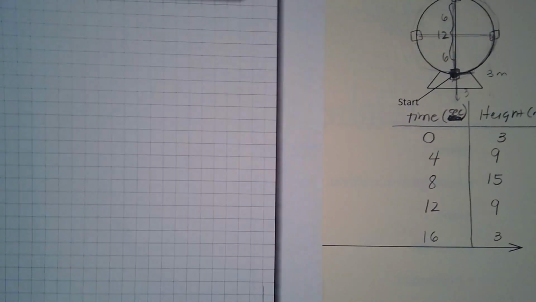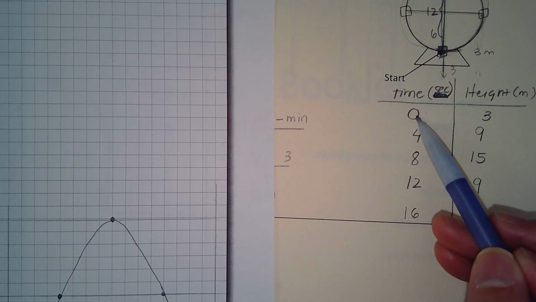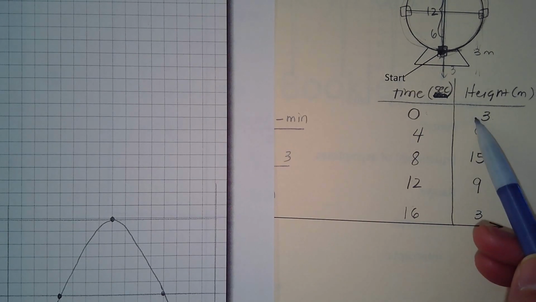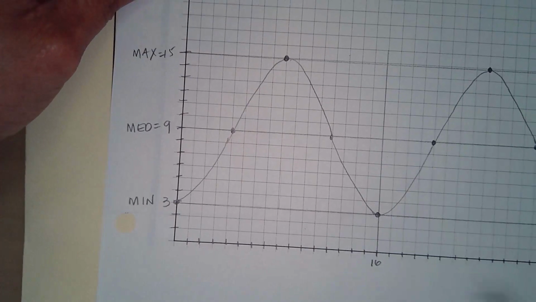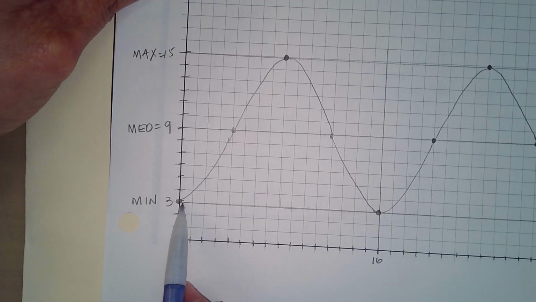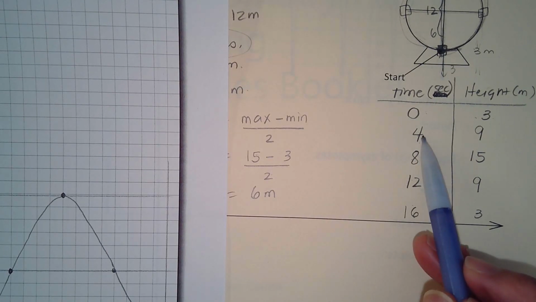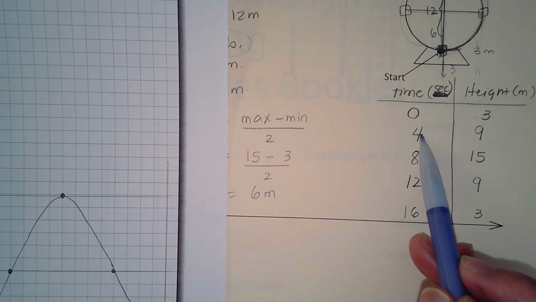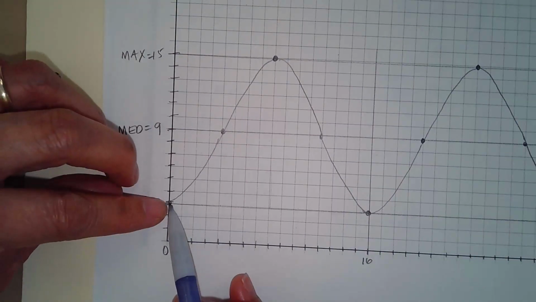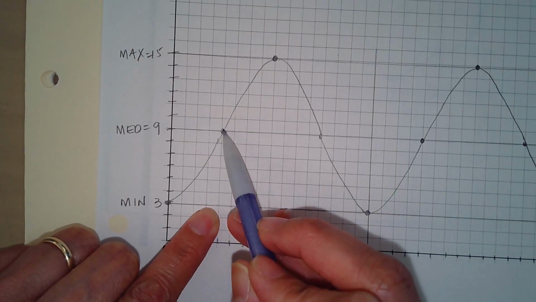I'm going to go over here in our graph. What's our first point? 0 seconds, 3 meters. That works. What's our next point? 4 seconds, 9 meters. Where is it? 4 seconds, so 1, 2, 3, 4, at 9.